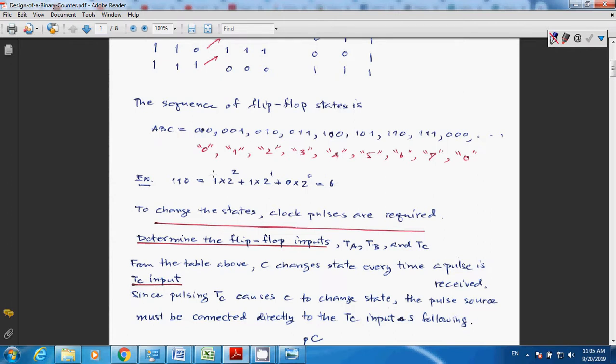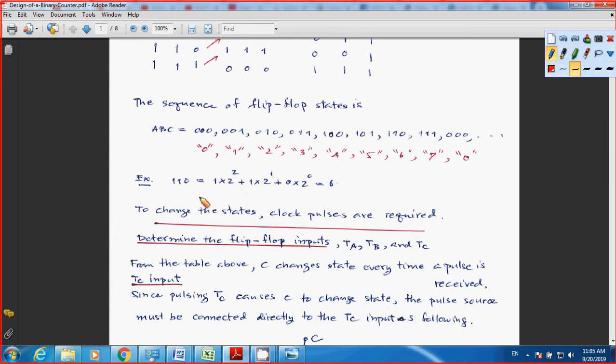And you know that, for example, binary bits 110 is represented by base 10 as 6, right? And you can get it from what? Let's start from the last one. So you have 0 multiplied by 2 to the power 0, plus 1 multiplied by 2 to the power of 1, and the last one is 1 multiplied by 2 to the second.